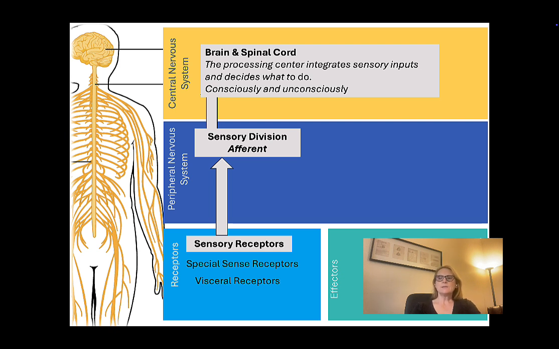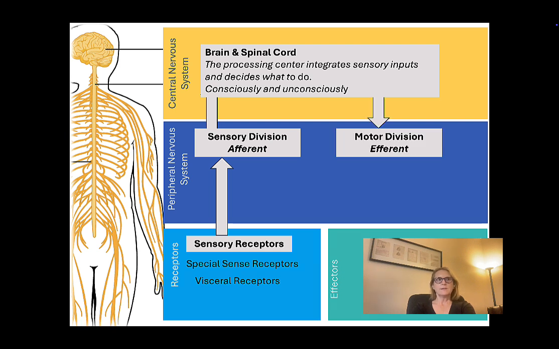For instance, when you see a soccer ball coming towards you, your brain integrates the visual data with prior knowledge of how to kick a ball and possibly your emotional state about the game's outcome. Following this integration, the brain decides on an appropriate motor response. So this is where the efferent motor division comes in.